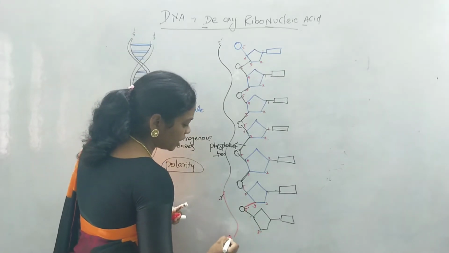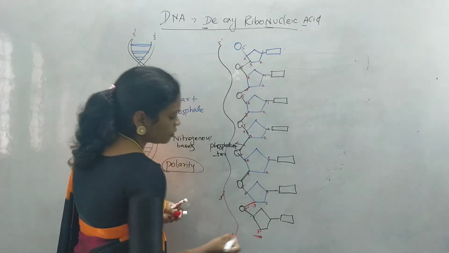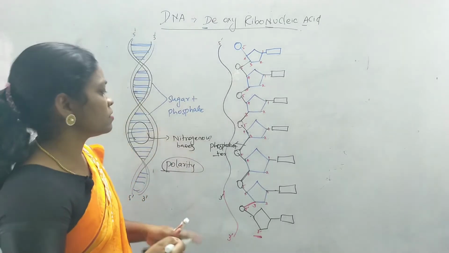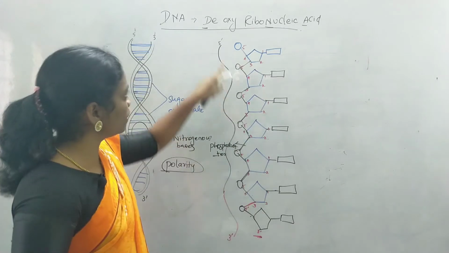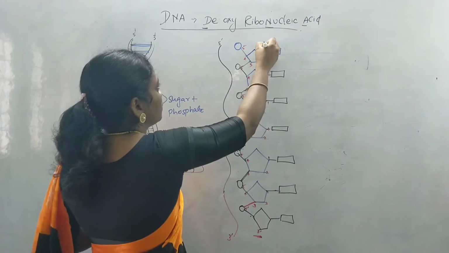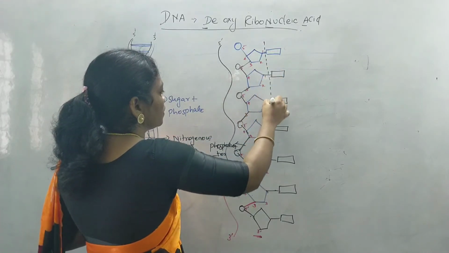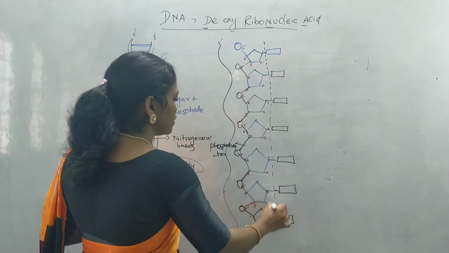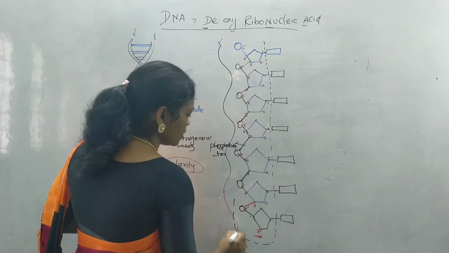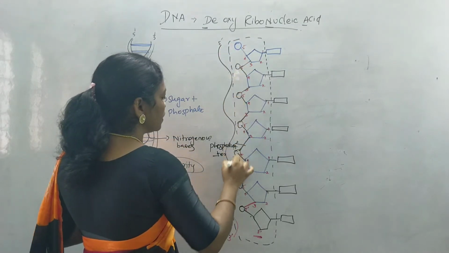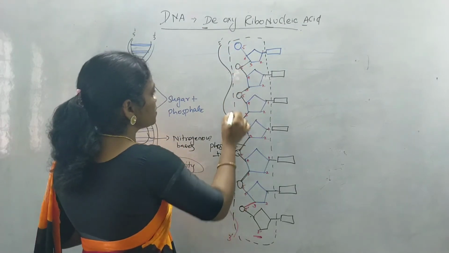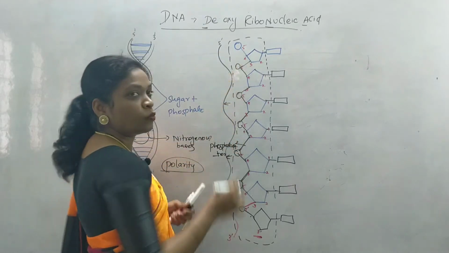So in this strand, the 3 prime end is here. It is written based on whether the strand ends in 3 prime end or 5 prime end. This complete structure will form this single strand on one side.